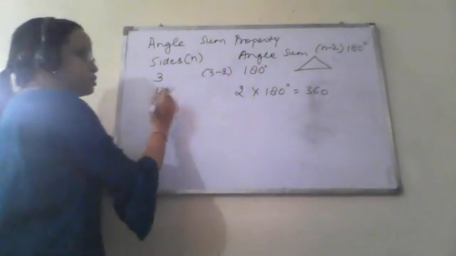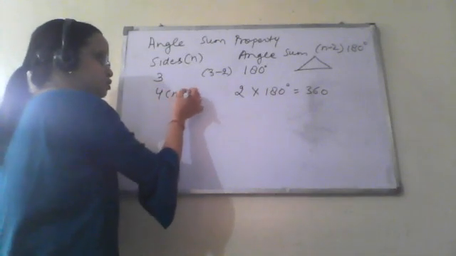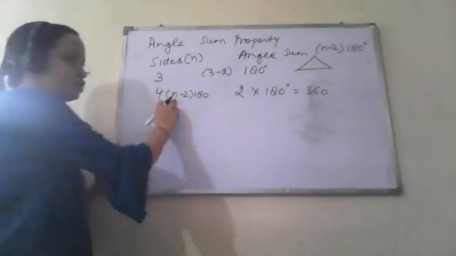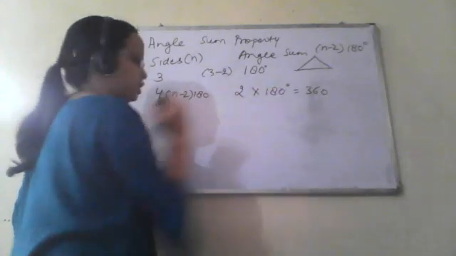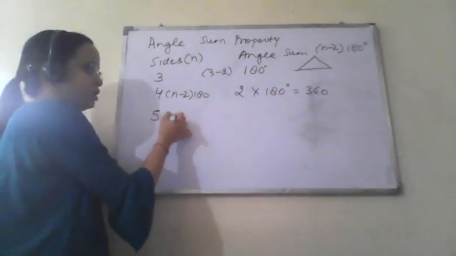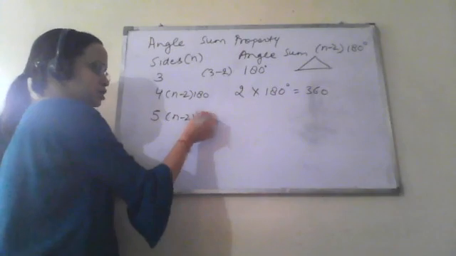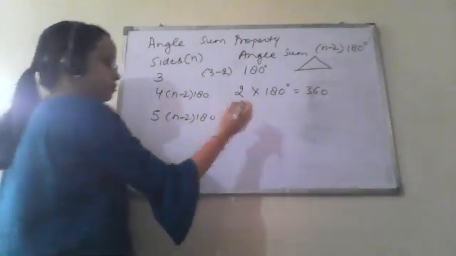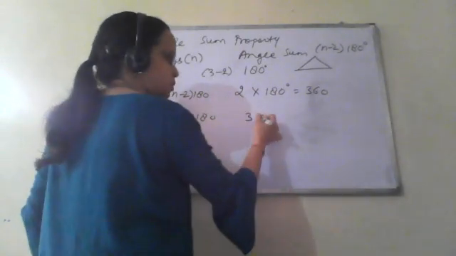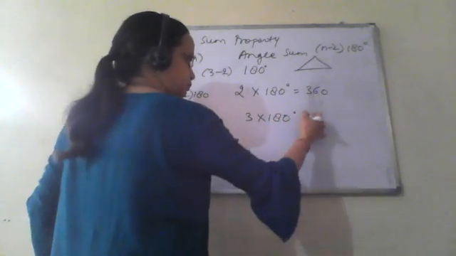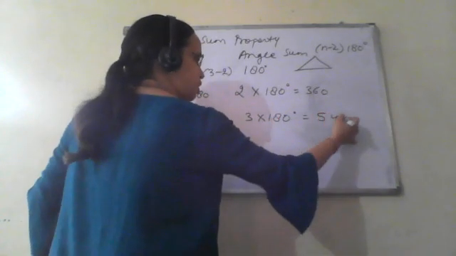For 4, it will be n minus 2 into 180. n is 4, 4 minus 2 is 2, into 180. If n is 5, it will be n minus 2 into 180, so 5 minus 2 is 3, so this is 540 degrees.